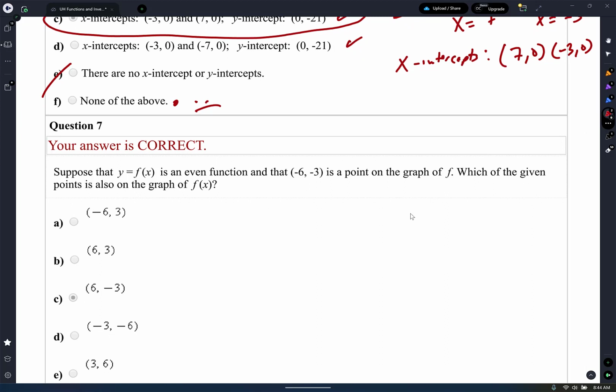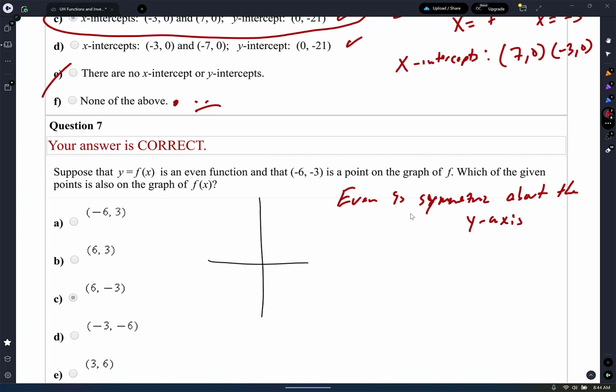Suppose that f of x is an even function. Which of the... Okay. You got to know what the difference is between even and odd. Do you guys remember even function or no? It's okay. You can be honest. An even function is symmetric about the y-axis.